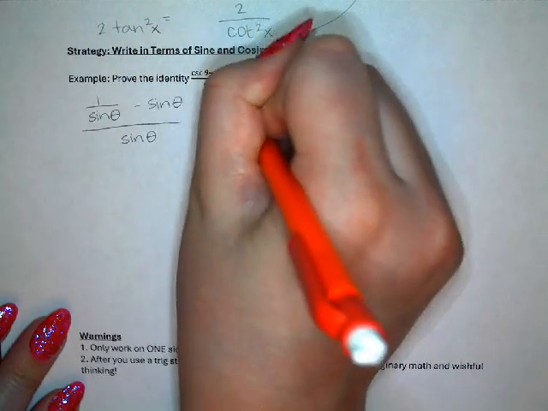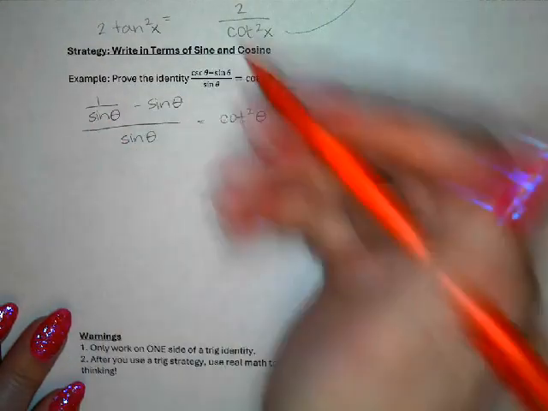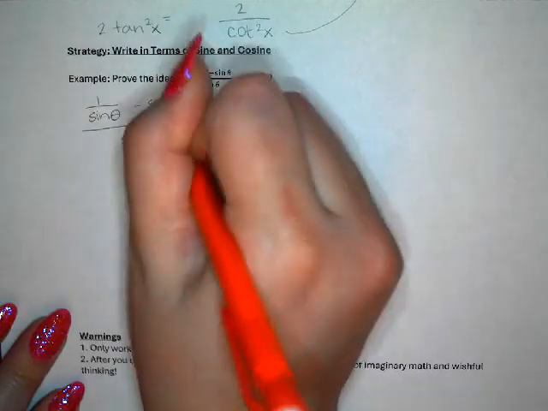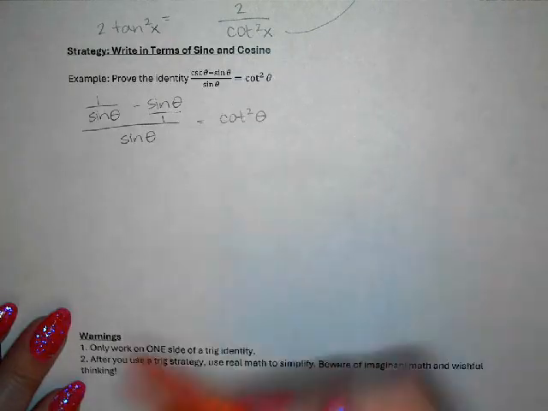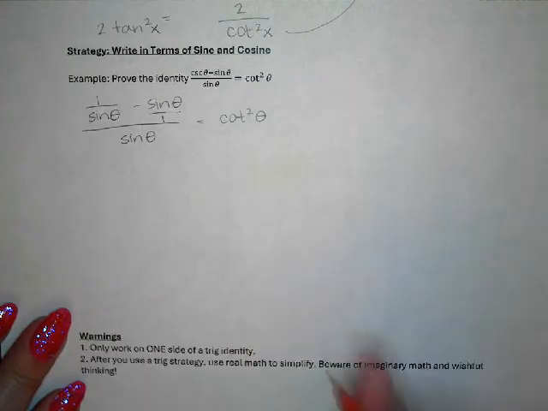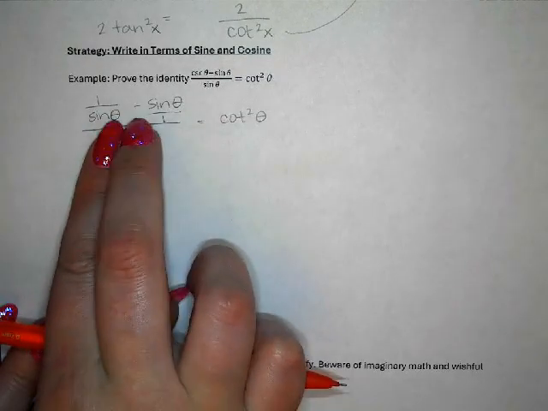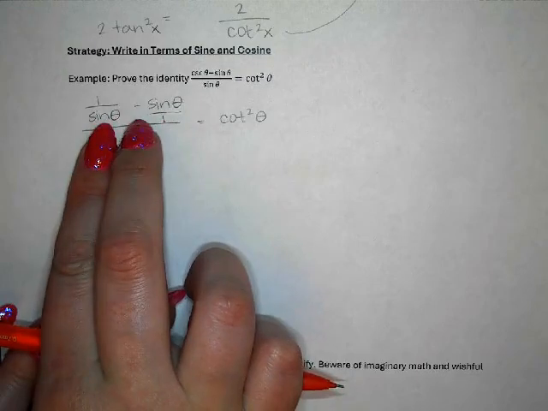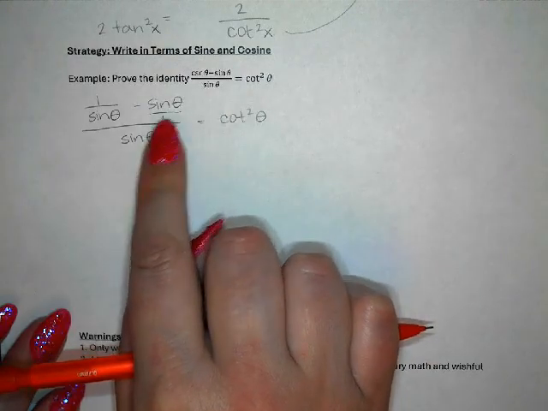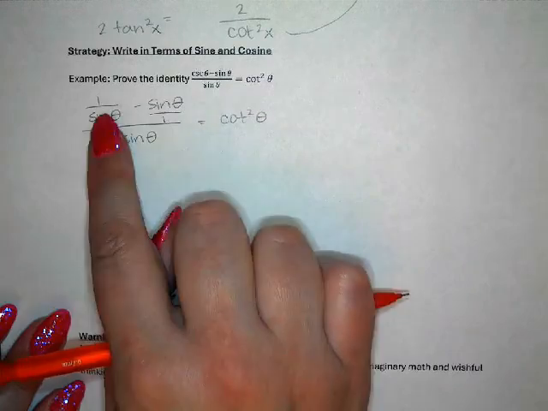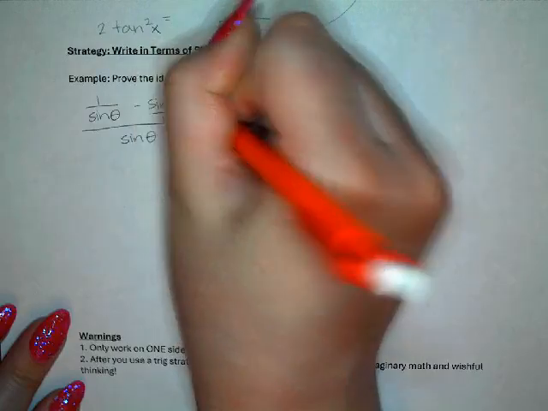Now I have a fraction and a non-fraction, so I'm going to write this one as a fraction. So right now I'm not making trig substitutions, I'm just doing mathematically what I know is appropriate. So I have two fractions, I want to put them together, and so that means I need a common denominator between those two fractions. One of my denominators is sine, the other denominator is 1, and so both of these would have to have a denominator of sine for me to be able to combine them. So I'm going to multiply the second fraction by sine over sine.